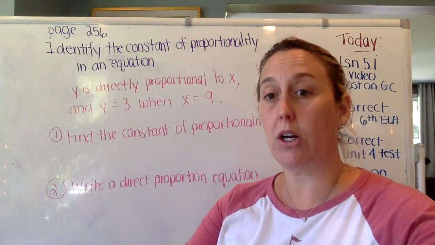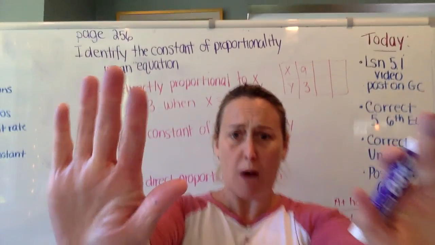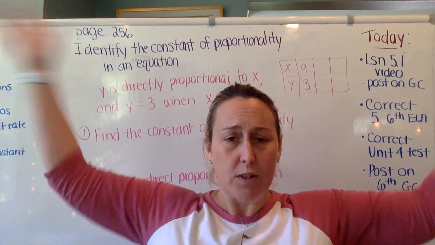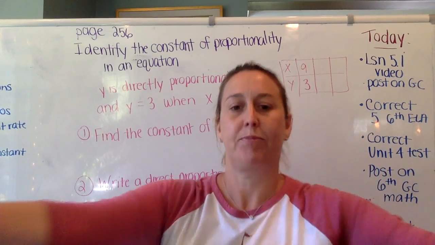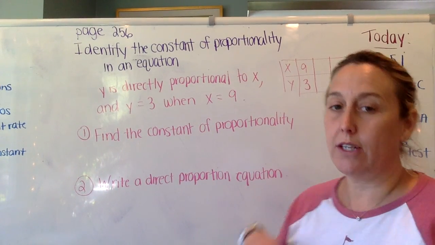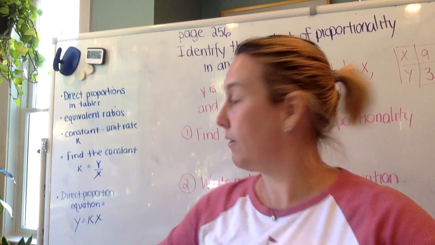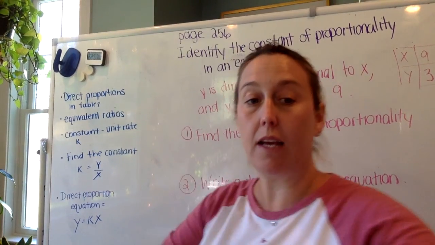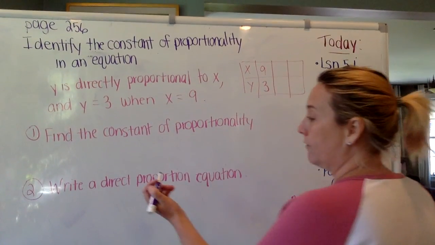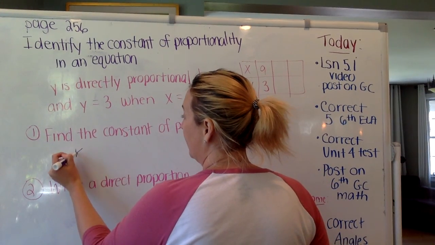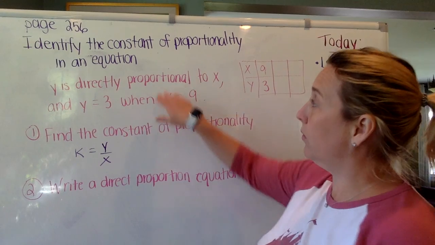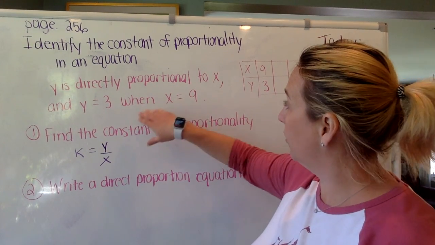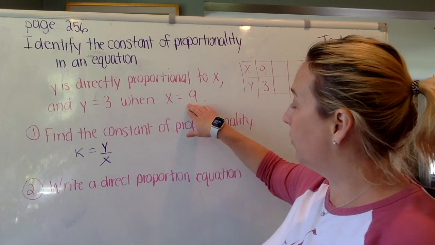So how do we find the constant? Hopefully you remember. Stop, pause, type in, what's the formula for finding a constant? Pause. All right. Hopefully, you said that the formula for finding a constant is that k equals y over x. So we actually have the information that we need above, because it's already told us it's directly proportional, and it told us what our y is, and it told us what our x is.